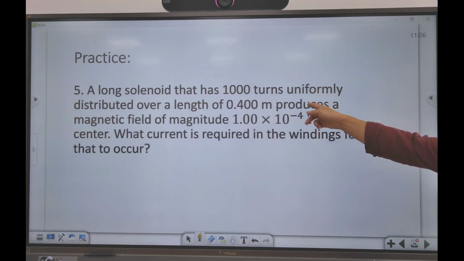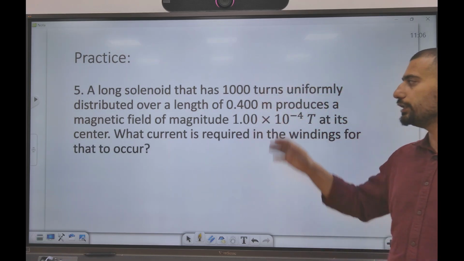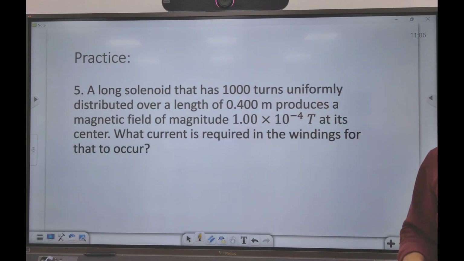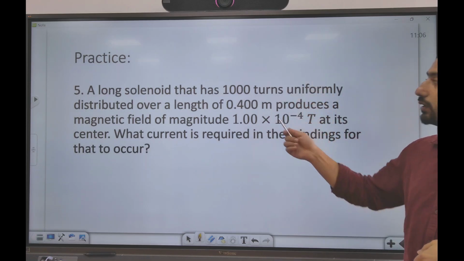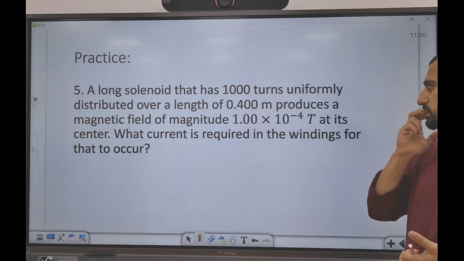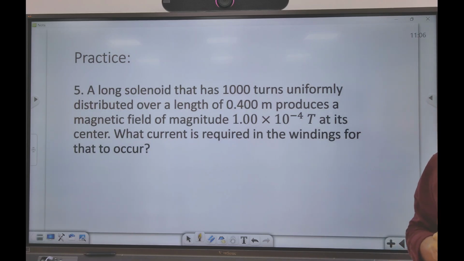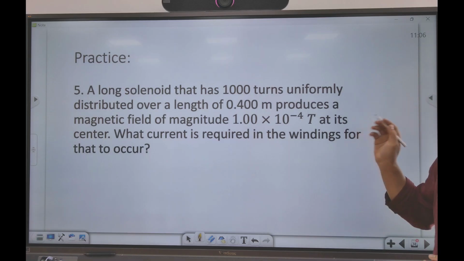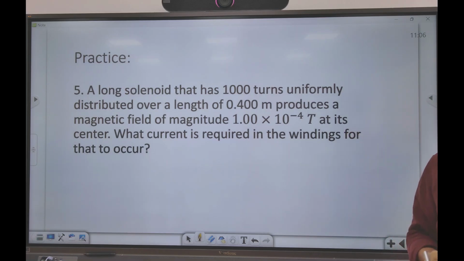1000 turns distributed over a length, so you need to understand whatever is given. Try to solve it here. You have to understand what is given. So what is given in the question?